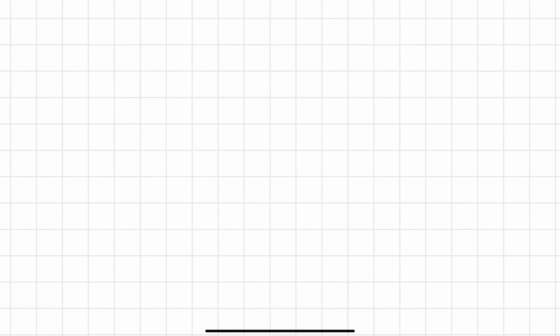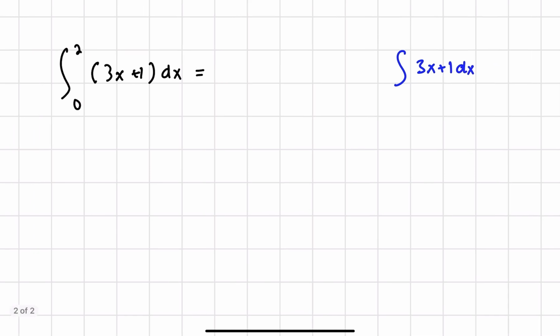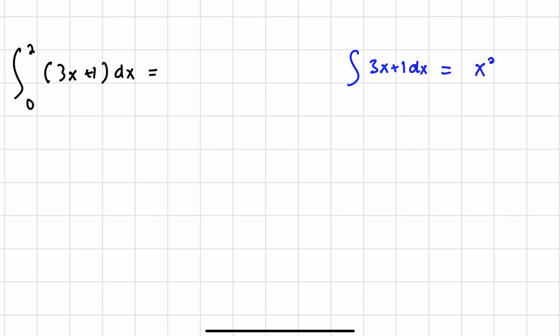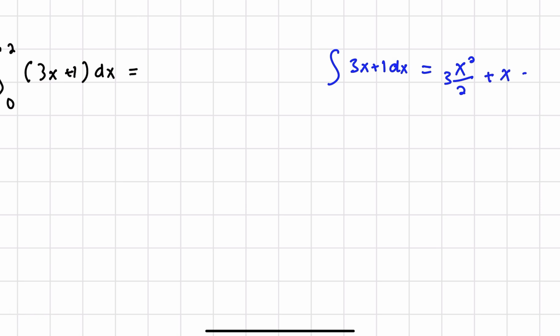So let's do another example. Let's say we have the integral from 0 to 2 for the function 3x plus 1. So first step, you would have to evaluate the antiderivative first. So the antiderivative here will be simply x to the power of 2 over 2, and you will multiply by the coefficient, plus x plus c.